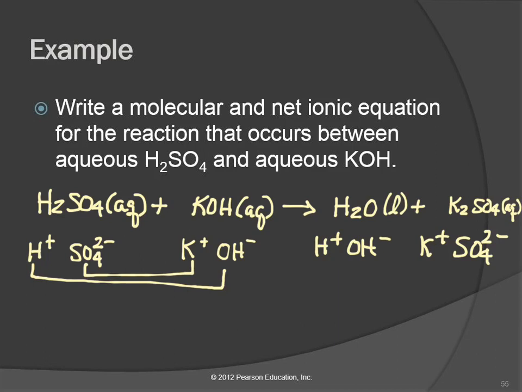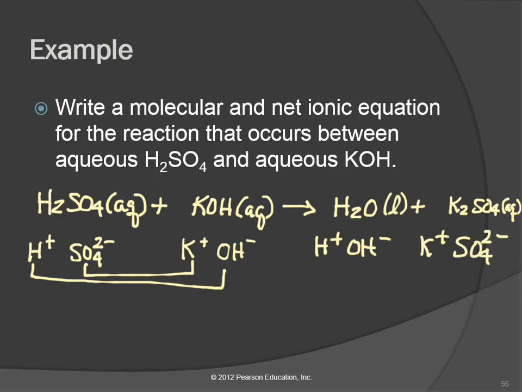That's a good question. So when we're forming an ionic compound, the ions come together in a way that all the charges add up to 0. So if we put 1 potassium ion and 1 sulfate ion together, the charge overall would be -1. Right? Because this has a +1 charge, and this has a -2 charge.